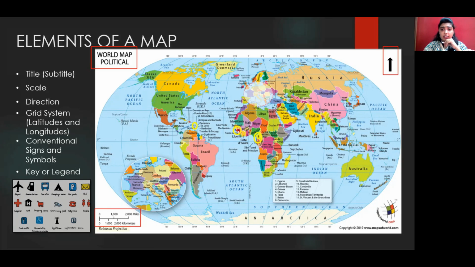For example, in the map that is shown here, now if I have to show a major place with a temple, now with so much of data given here, how will I actually draw a temple? So there's a small symbol of a temple that we have, which we call the conventional symbol of the temple.